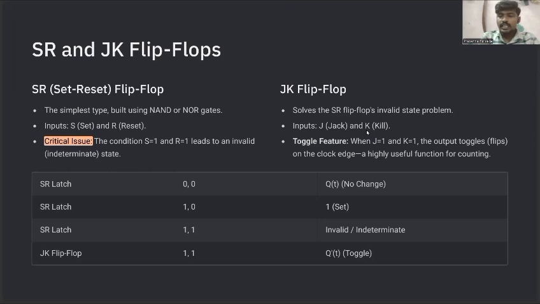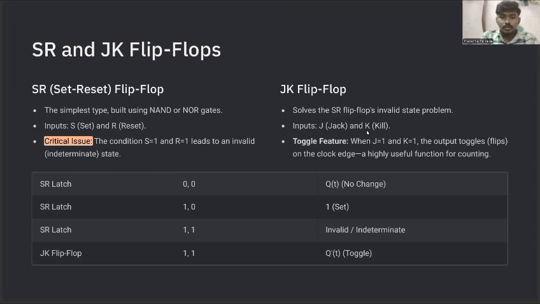It has two inputs, J and K, operated as follows. First of all, if J equal to 0 and K equal to 0, the output, or the next state, will be the no change condition.